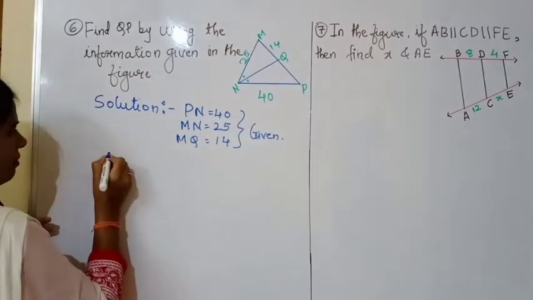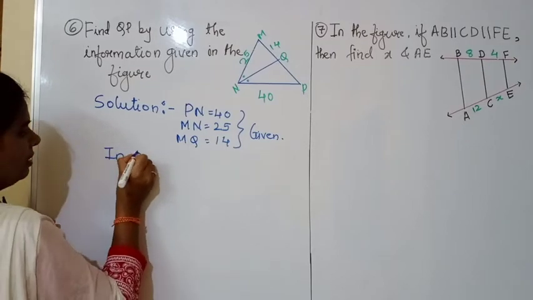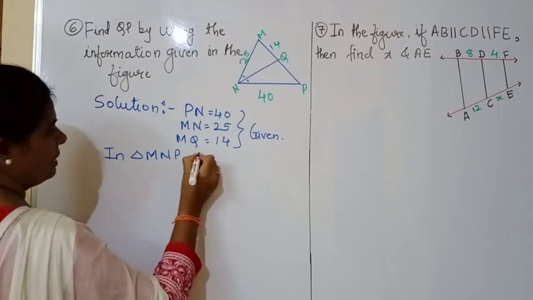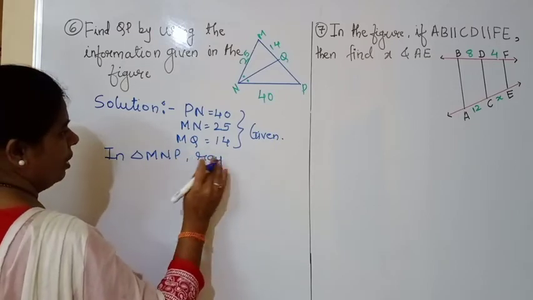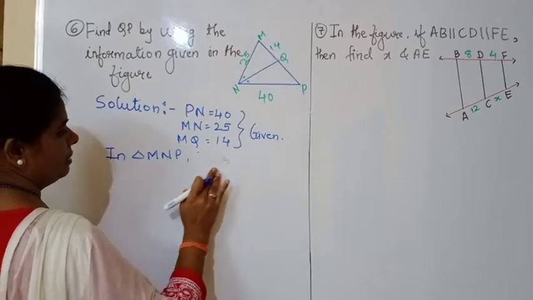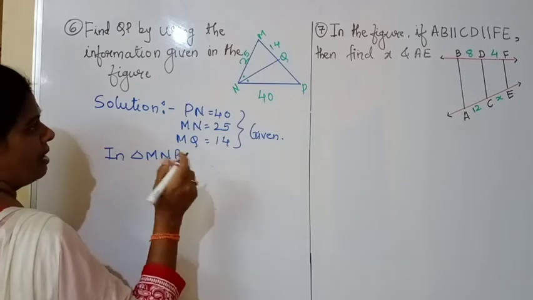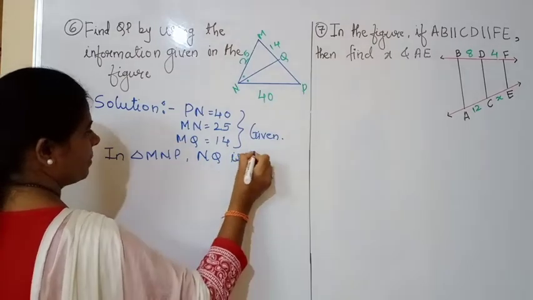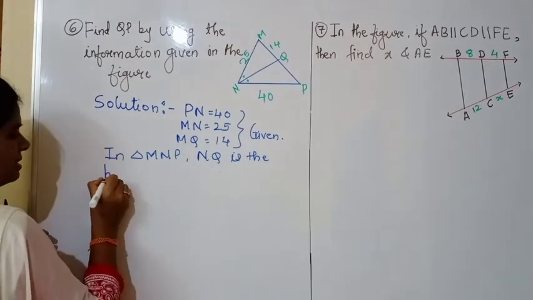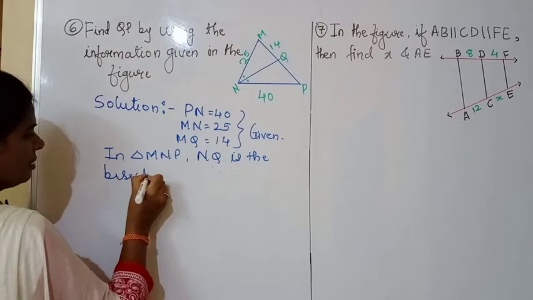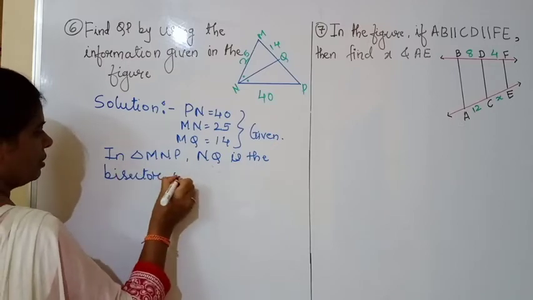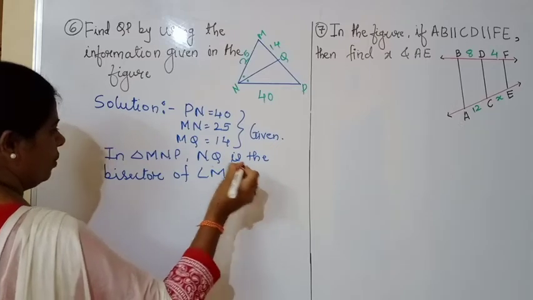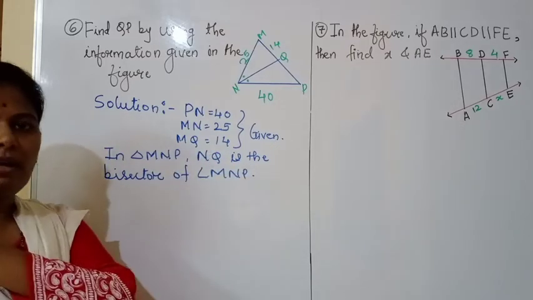One more thing is given: in triangle MNP, we will not say ray because the diagram does not show a ray, so in triangle MNP, NQ is the bisector of angle MNP.